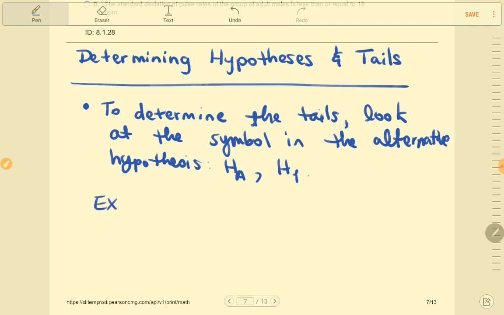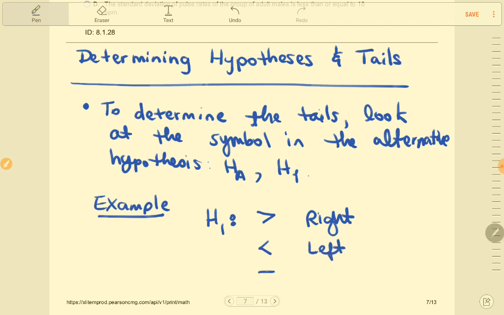So looking at an example where we have an alternative hypothesis with a symbol like this, that would be a right-tailed test. With this, it would be left. And with this, it would be two-tailed.